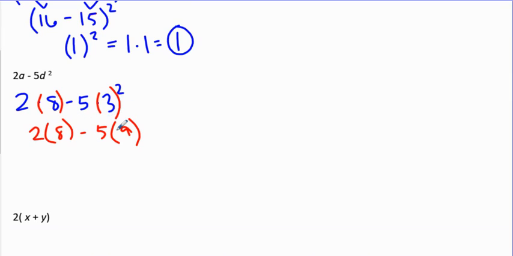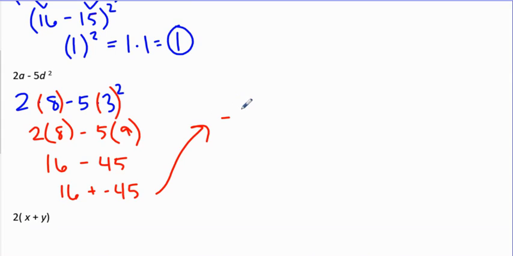So now here I have 2 times 8 minus 5 times 9. I can do my 2 multiplications next. So I have 16 minus 45. And this is great review again for integers. So I can rewrite this expression as 16 plus a negative 45, right? And now I really see I have more negatives because I have 45 negatives and only 16 positives.